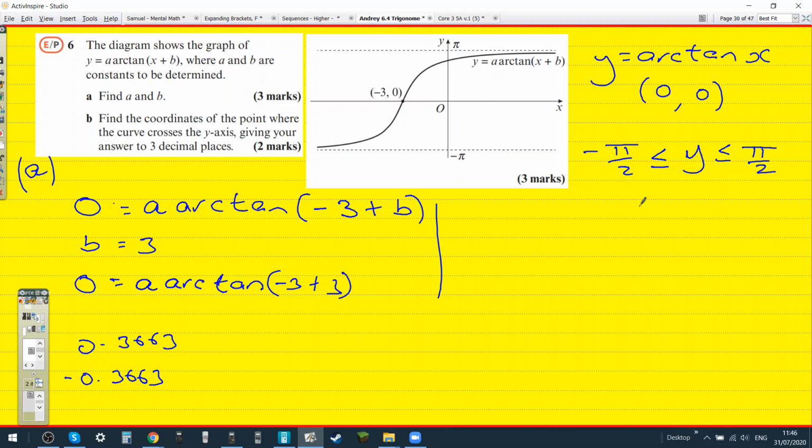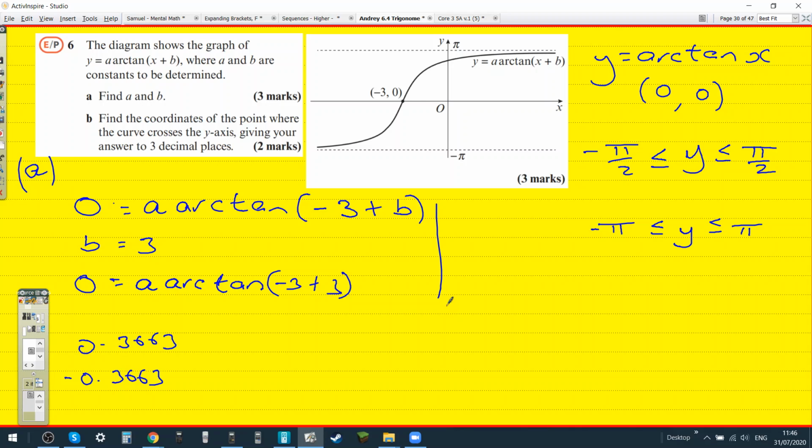This graph? Arctan? Yeah. Range for this one. But it's minus pi and pi. And so, what does that tell us? Oh, it's been doubled. Yep.